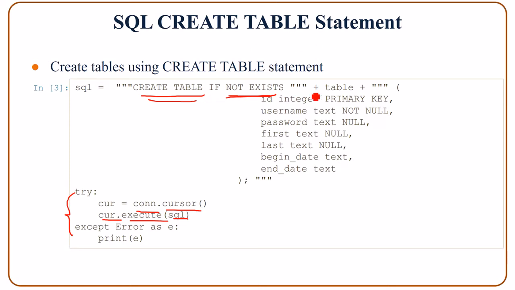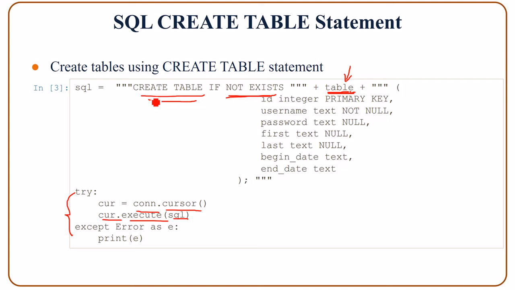So create table, right? Let's say you give it a name, so the table variable stores the name of the table. Then you can combine that variable with the rest of the string that forms the SQL statement.